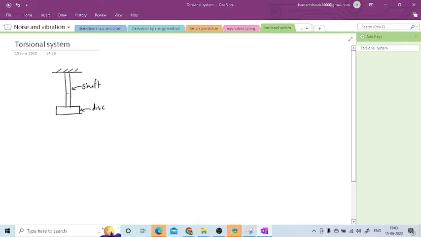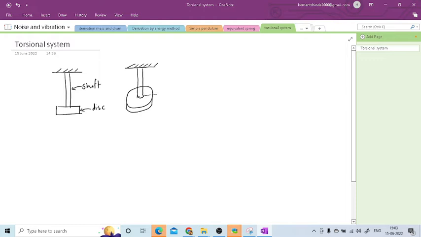Now I'll represent this system in isometric form so that it is easy to view. Suppose this is the disc and this is your shaft.